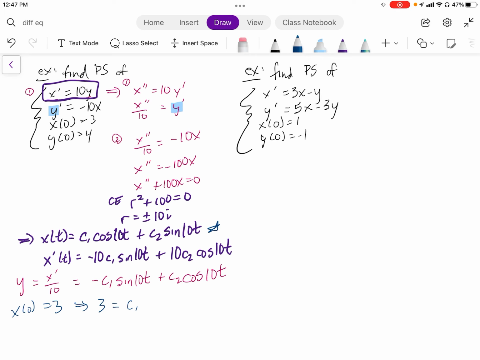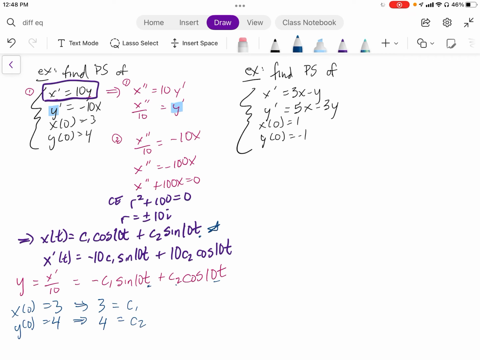Well, when we plug in t is 0, sine of 0 is 0, so that one's done. We get c1 equals 3. And y of 0 equals 4 will yield 4. Again, when we plug in t is 0, we get negative c1 times 0, plus c2 times cosine 0, which is just c2.